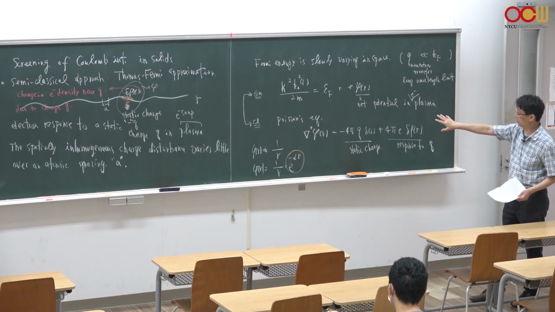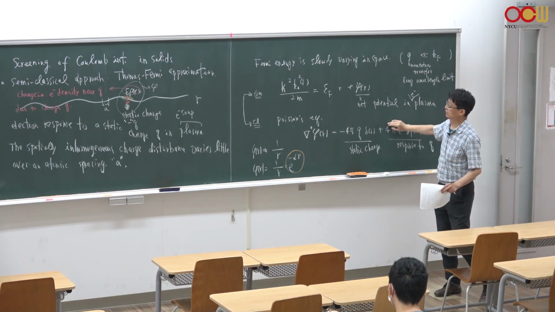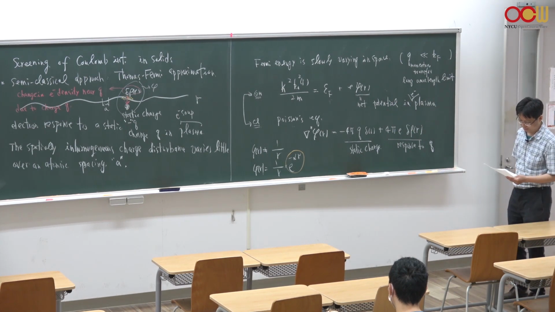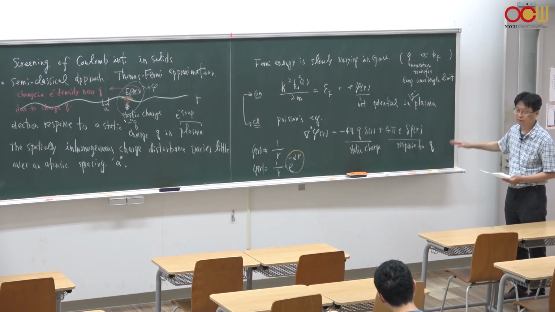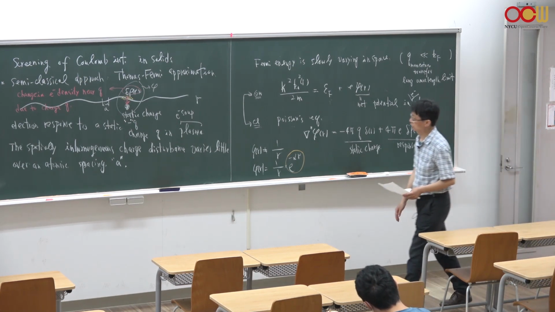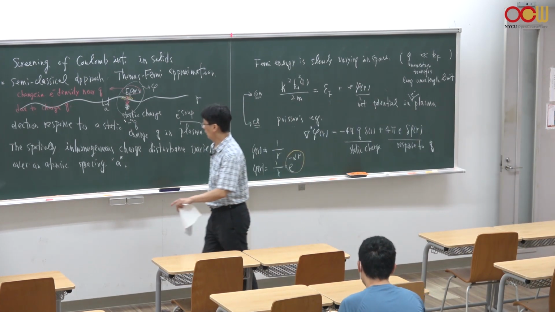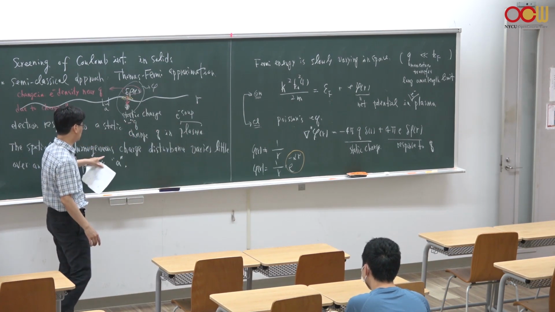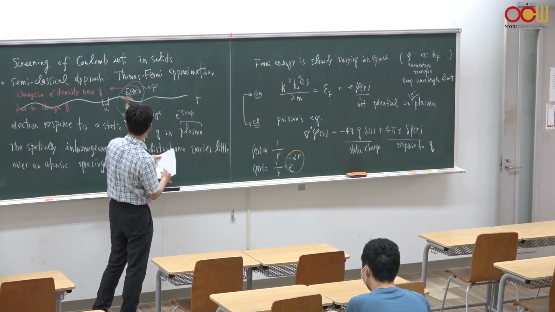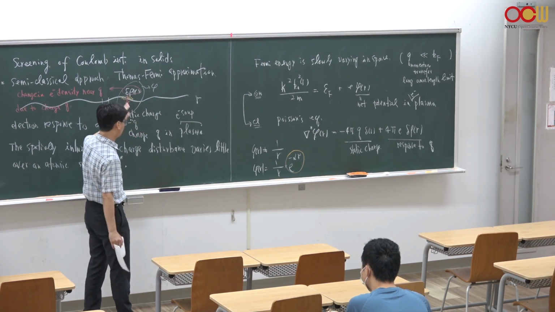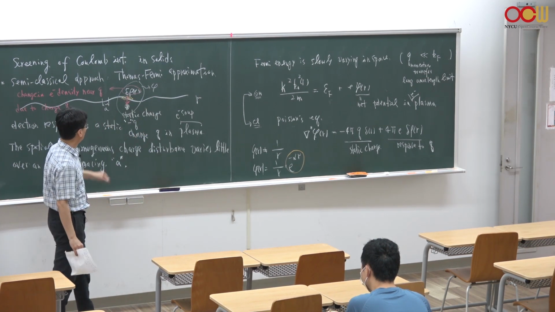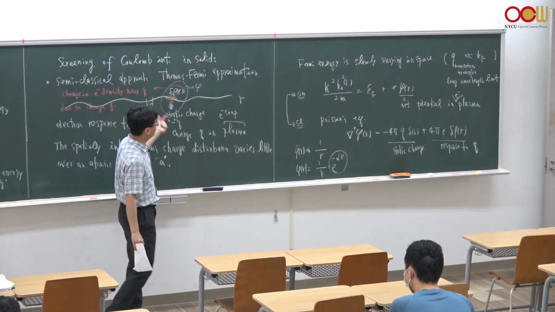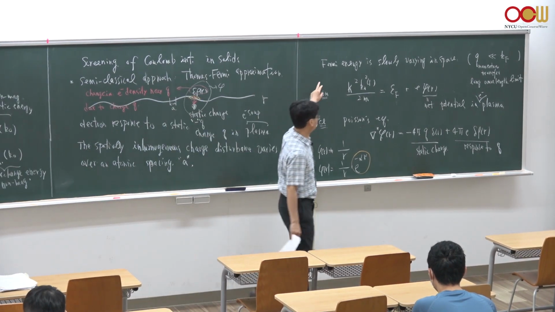Let's take a short break. When we come back, we will solve these two equations simultaneously, and we will again use these two approximations: that this inhomogeneous charge disturbance is slowly varying in space over atomic spacing A, and also the Fermi energy.